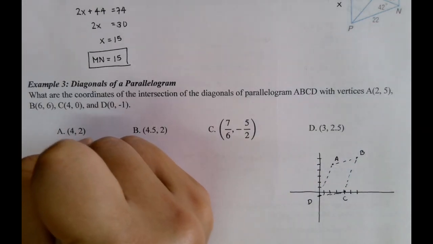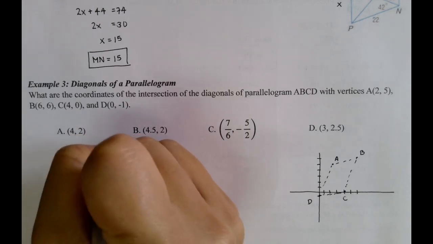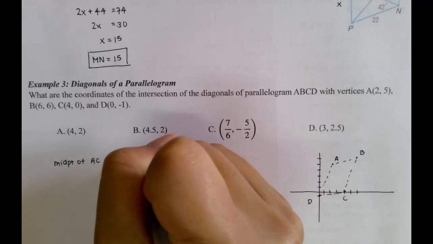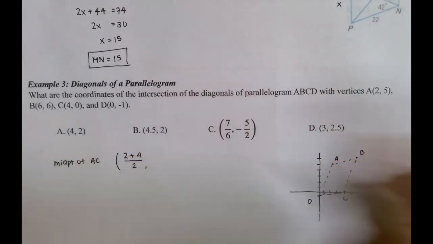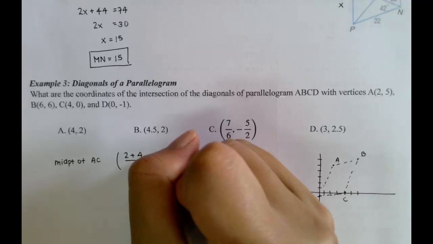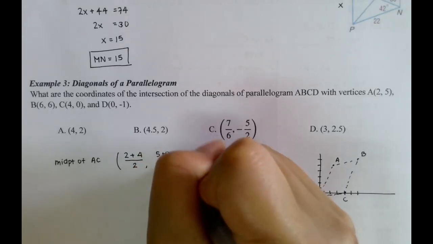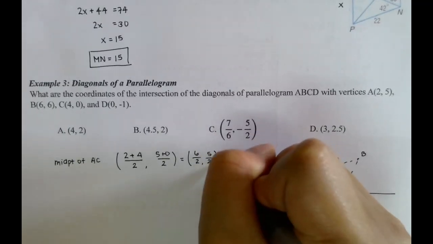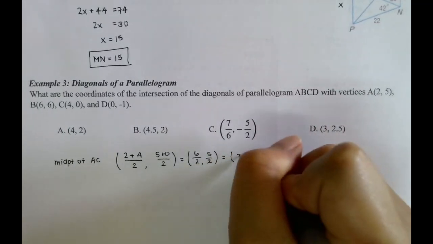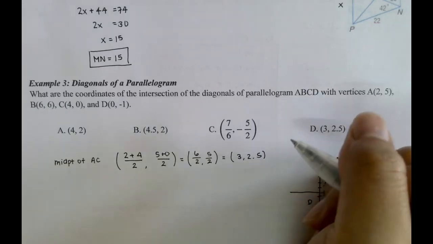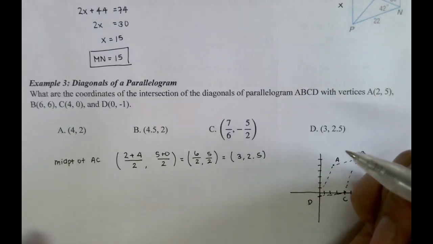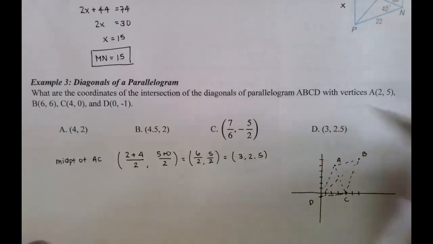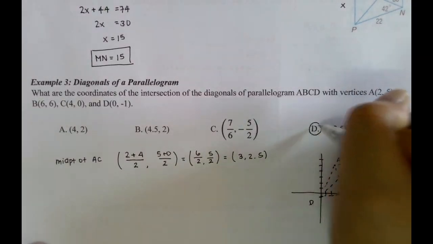So the midpoint of AC will be (2 plus 4) divided by 2, and (5 plus 0) divided by 2, which gives me 6 over 2 and 5 over 2, which is 3 and 2.5. Since the diagonals bisect each other, the intersection has to be at (3, 2.5), which is D.